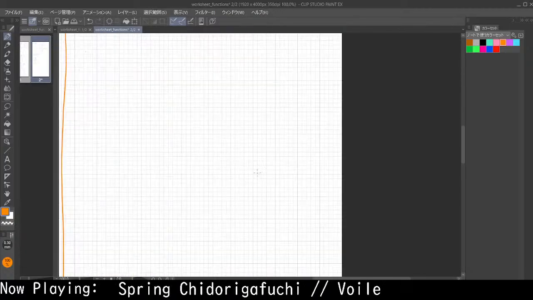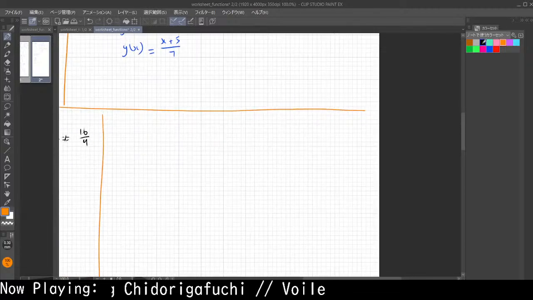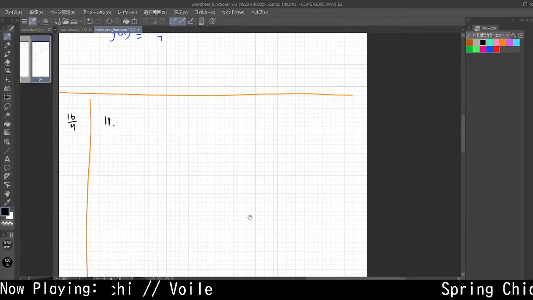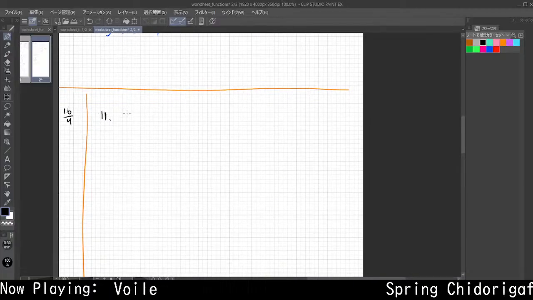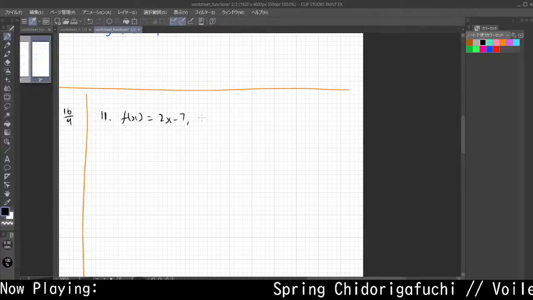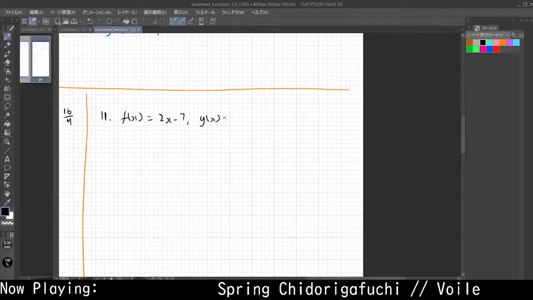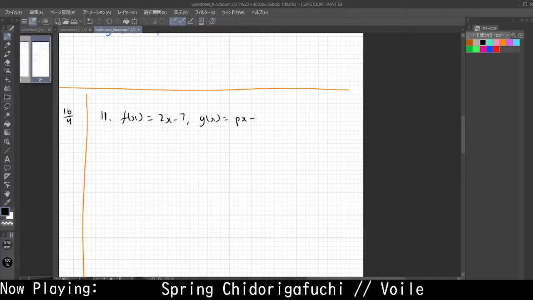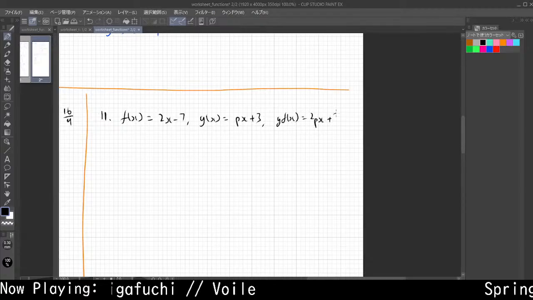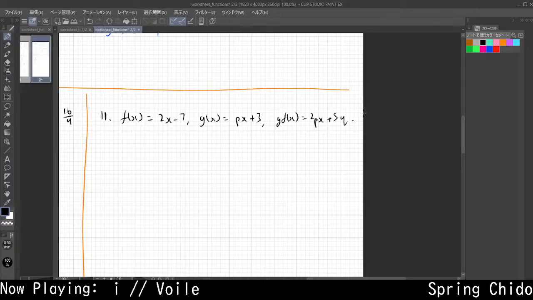Okay, Q11. Given the functions, same thing. f(x) is 2x minus 7, g(x) is px plus q, gf(x) is 2px plus 59. Express q in terms of p.